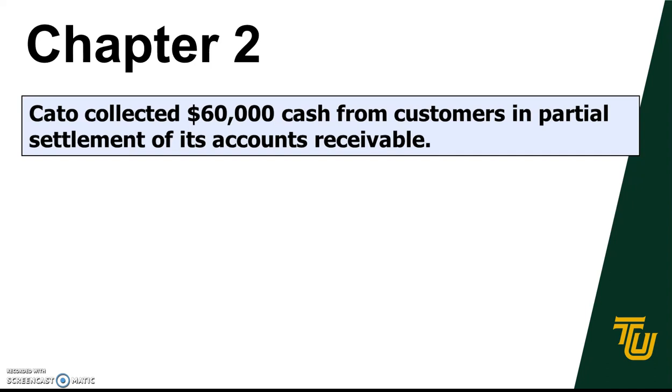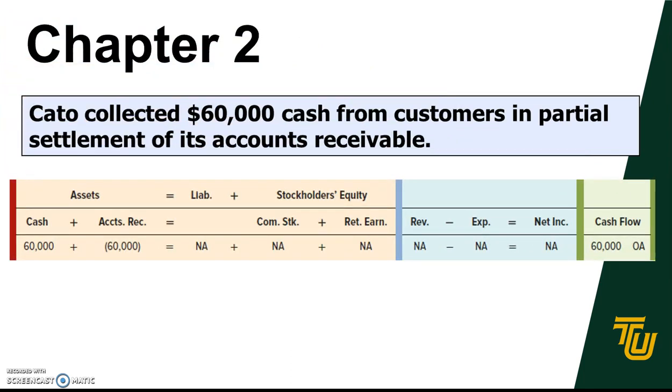Is accounts receivable going up or is accounts receivable going down? How is accounts receivable impacted when we receive payments from our customers? Well, do we want to show that they owe us more money or that they owe us less? When they make a payment on account, they owe us less money. What we need to reflect in that accounts receivable is that less money is owed to us. So let's show the increase in our cash account and let's show accounts receivable coming down.